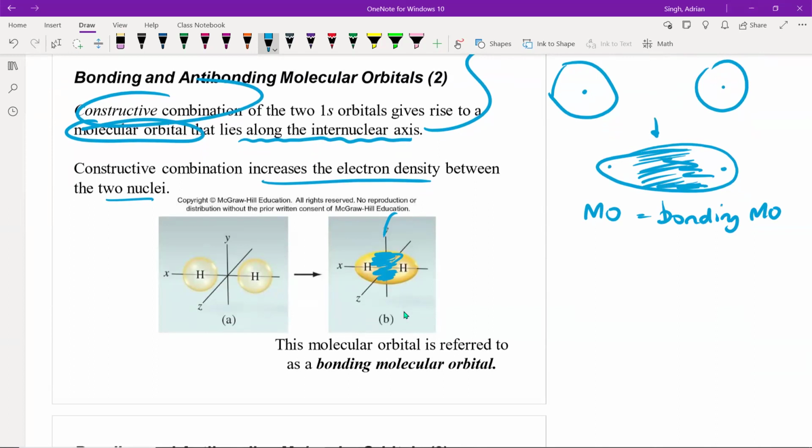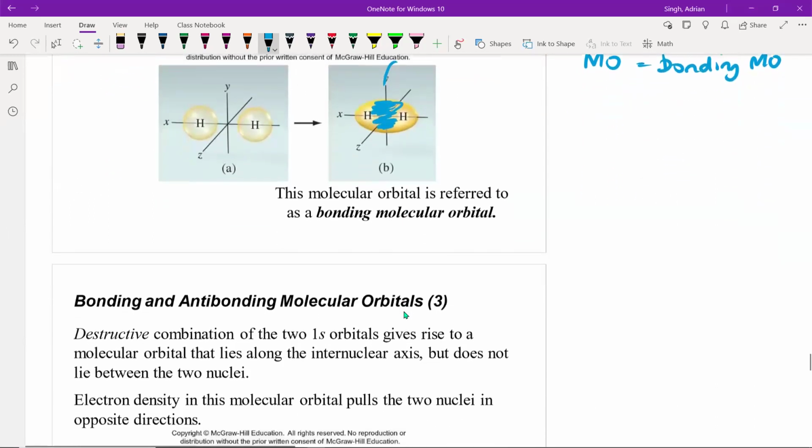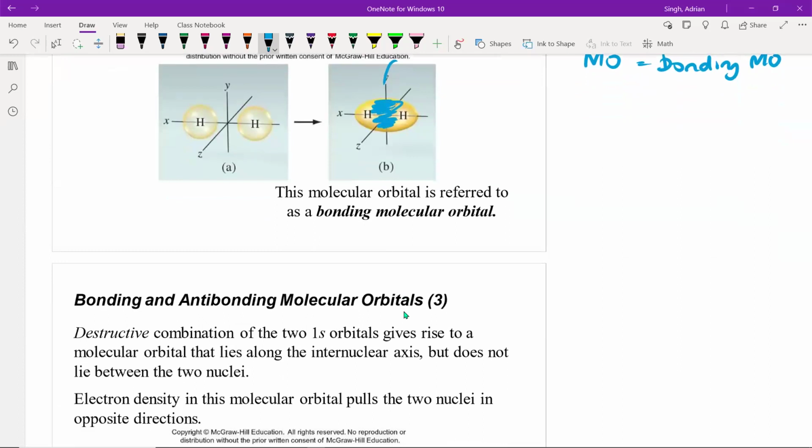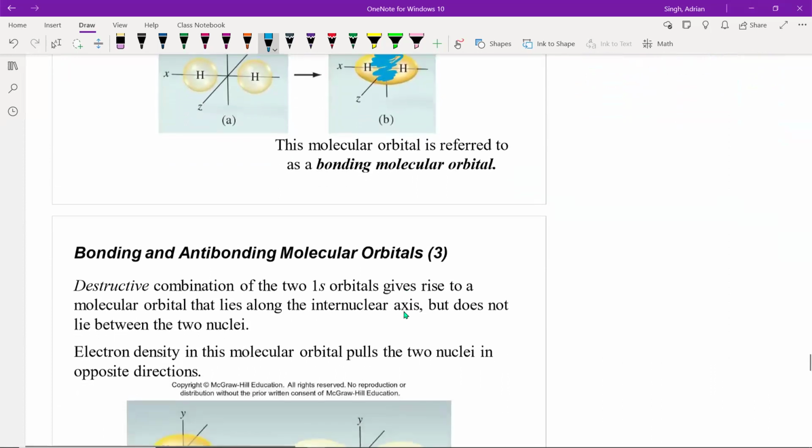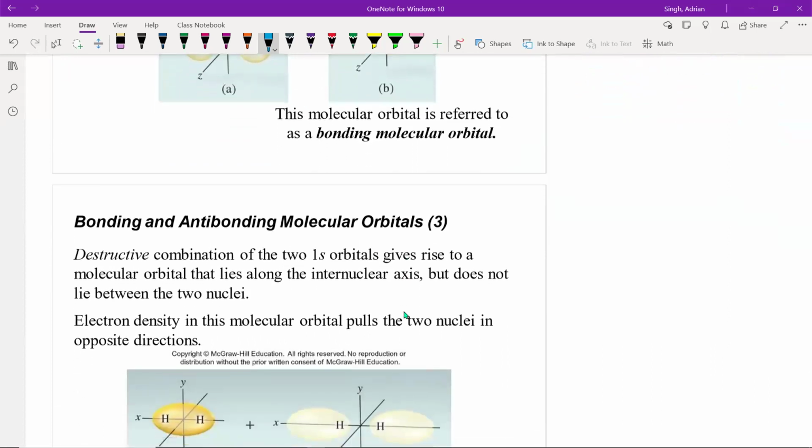So if there's constructive combination, that means there needs to also be destructive combination, right? Because those are the properties of waves, of the wave functions and everything else we talked about a few sections ago. Destructive combination leads to the 1s orbitals giving rise to a molecular orbital that does lie along the internuclear axis, but it does not lie between the nuclei.